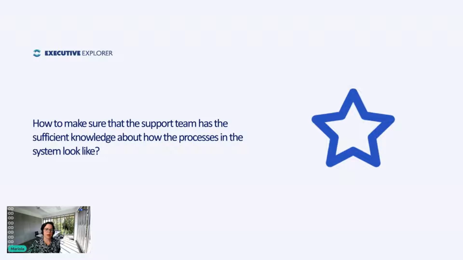The next problem is making sure that your support team has sufficient knowledge about the process in the system. They need to know the correct way to execute a process, and this knowledge needs to be always up to date.